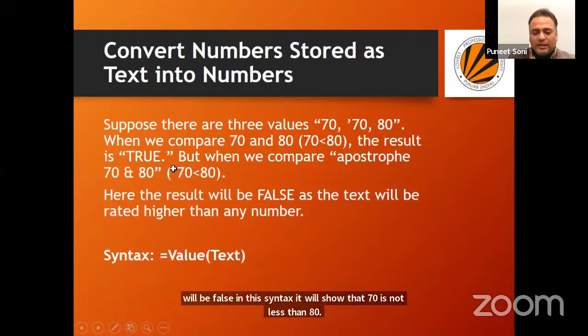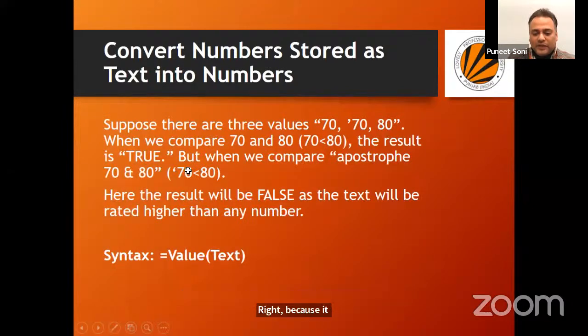Because it contains a text. This value 70 is being converted into a text rather than a number. Earlier in this syntax, the value was a number. In this, 70 was a number, along with the apostrophe, the value has been converted to a text. So the result is false.